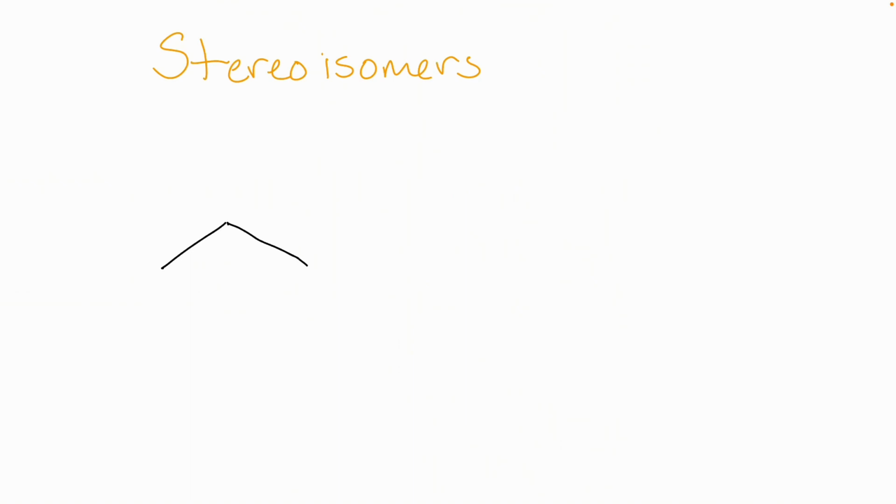We'll just use this simple example here. If you were to name these two molecules, given what we've currently learned about our naming scheme, you would arrive at the same answer.